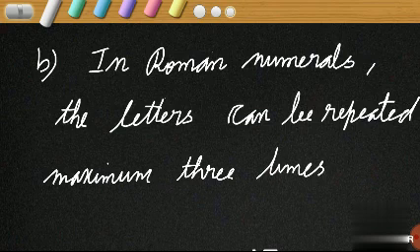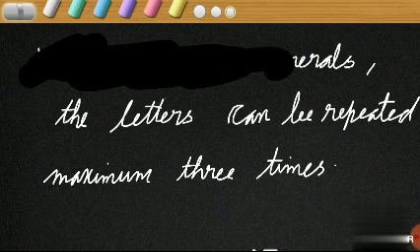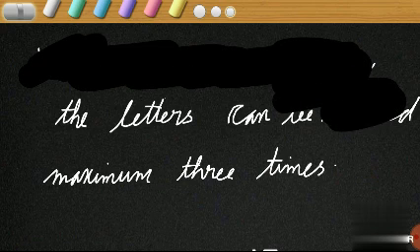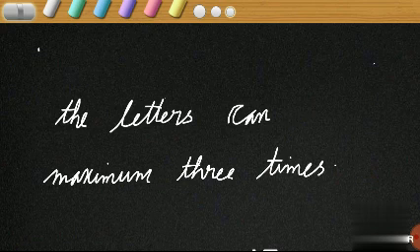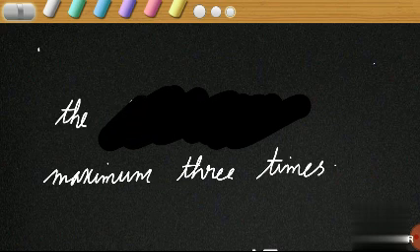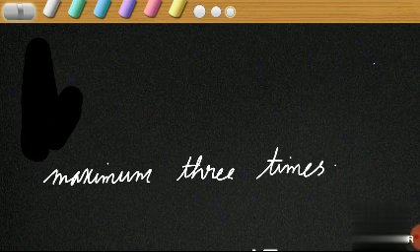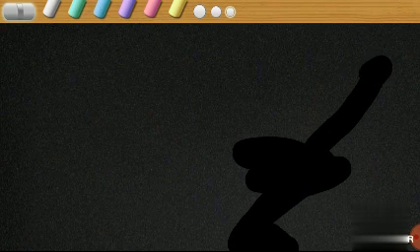So, in Roman numerals, letters can be repeated a maximum of how many times? A maximum of 3 times only. That's why there I haven't written XX, II, like that. Is it clear for you? All letters can be repeated a maximum of 3 times.